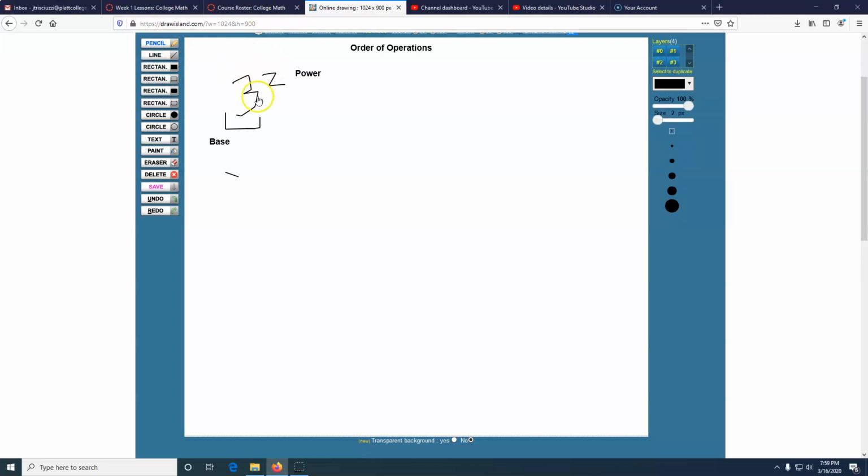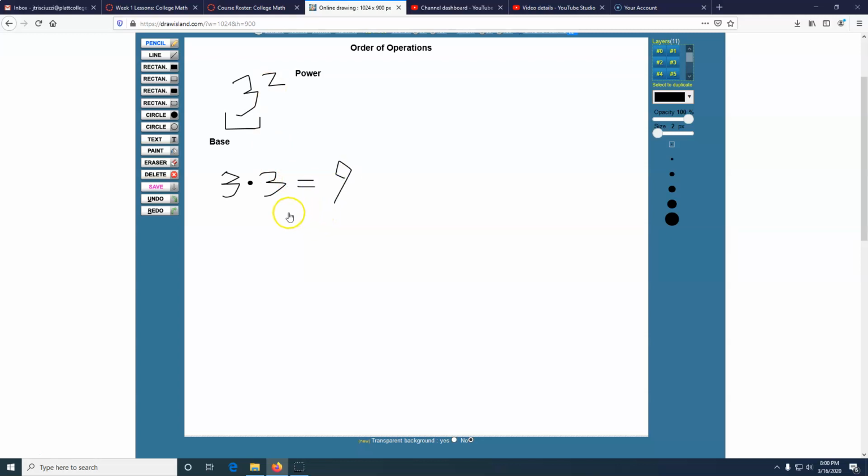So what we do is we take our base value, which is 3, and we multiply it by itself a total of 2 times. So one thing to note, this is not 3 times 2. It's 3 times itself twice. So that gives you 9.